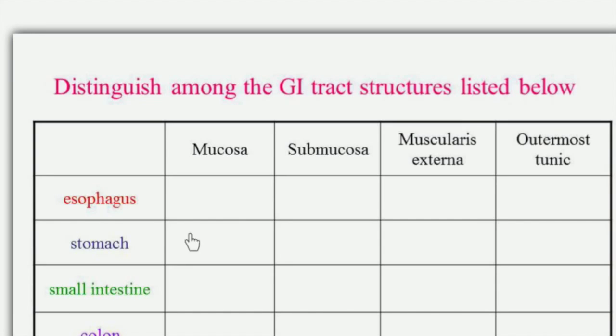In case of the stomach, the mucosa shows the gastric glands with a pit and secretory part, and the ratio differs from the pylorus to the fundus. As regards the submucosa, we don't have any additional features. It is only the typical connective tissue with the blood vessels, Meissner plexus of nerves, and lymphatics.